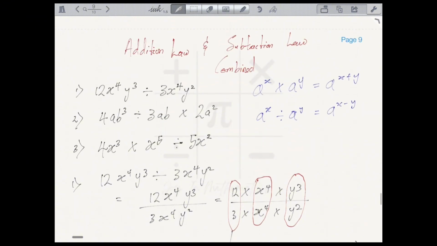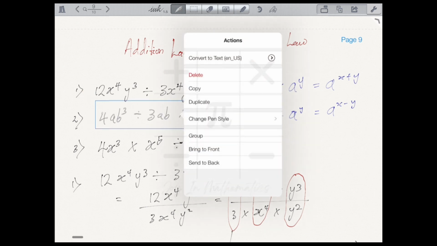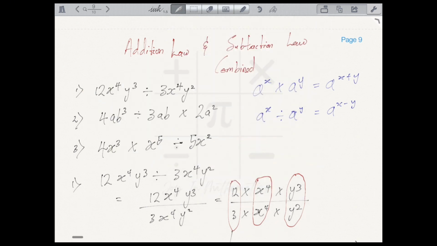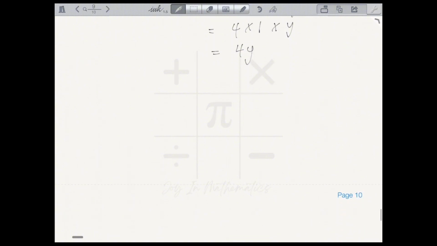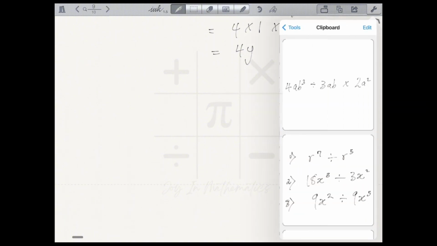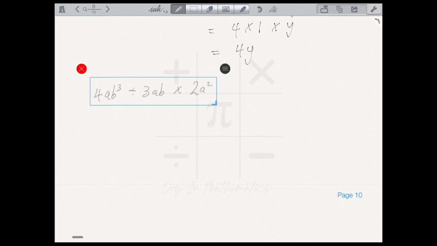Now let's go over and try the second question. I will copy it and thereafter paste it. This will be our question 2.